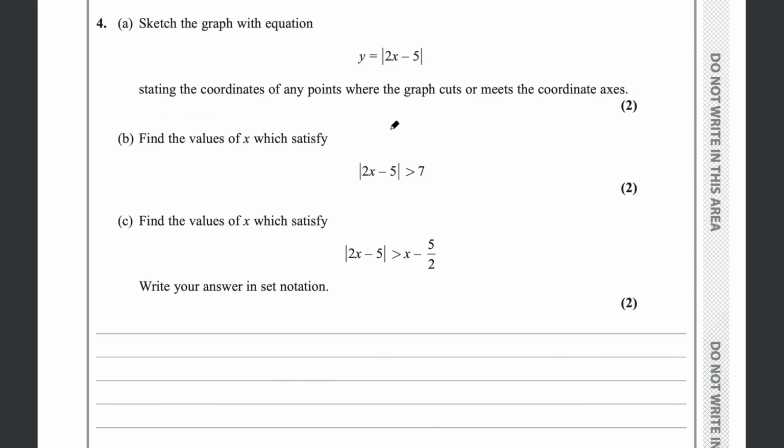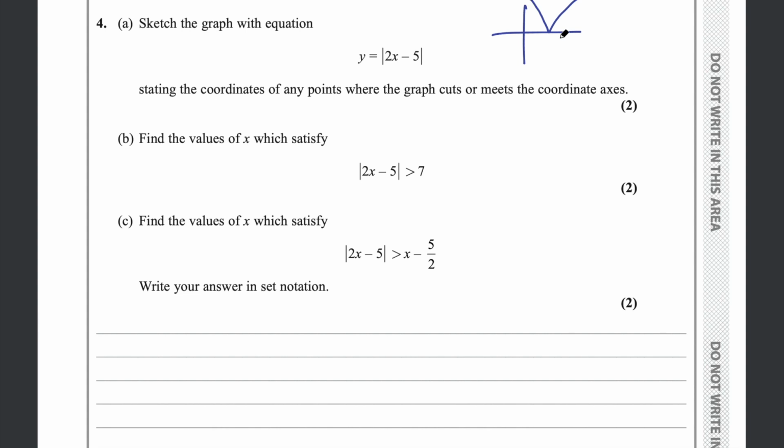Question 4, part A says, sketch the graph with equation y equals the absolute value of 2x take 5, stating the coordinates of any point where the graph cuts or meets the coordinate axes. Hopefully you've seen a graph of absolute values before, and you'll know it looks generally like this, where it has no negative values for y.